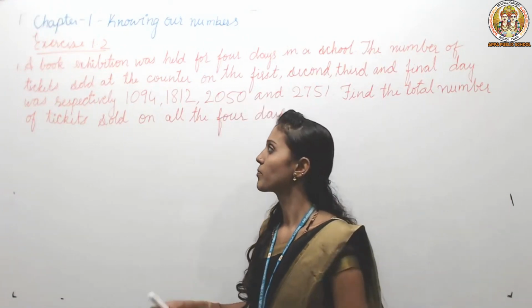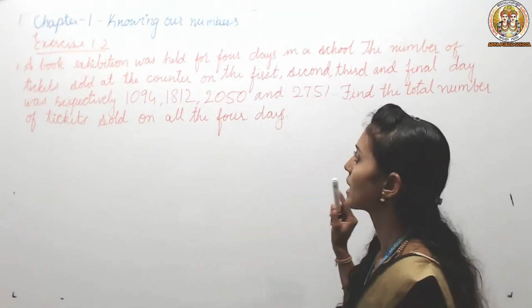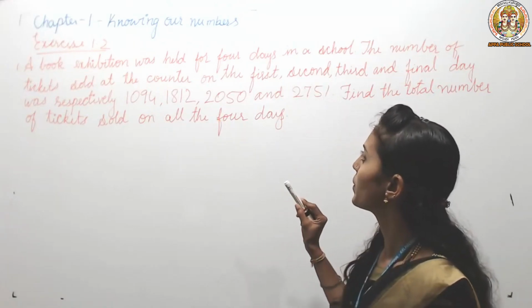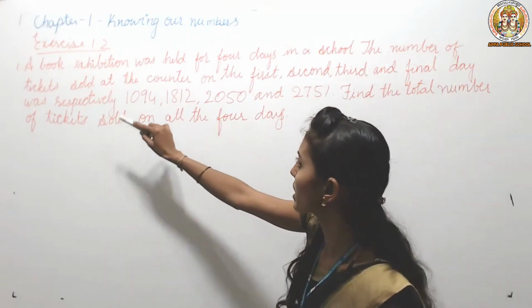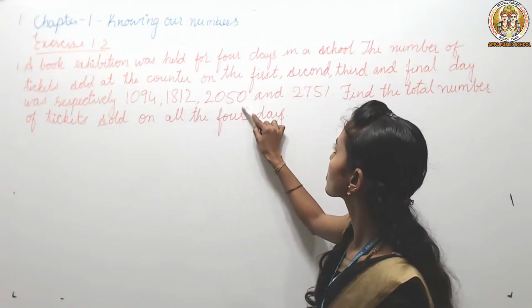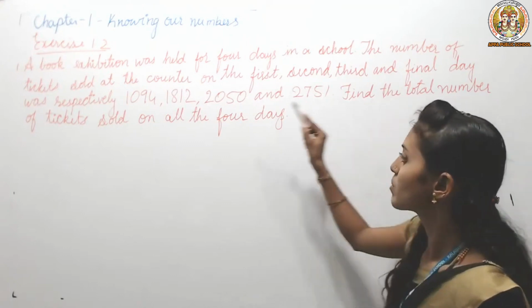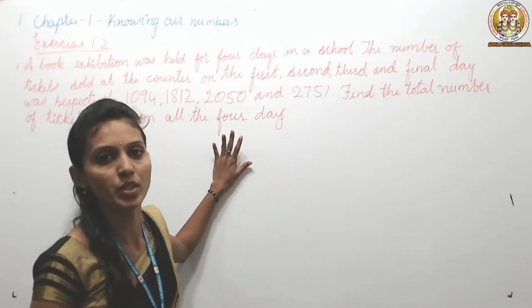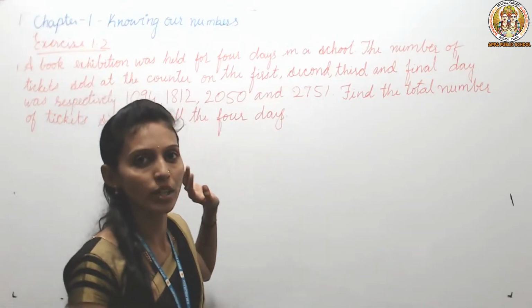Yes, come on. See, first read the question. A book exhibition was held for 4 days in a school. The number of tickets sold at the counter on the first, second, third, and final day was respectively 1094, 1812, 2050, and 2751. Find the total number of tickets sold on all the 4 days. They have given the number of tickets sold on all 4 days.